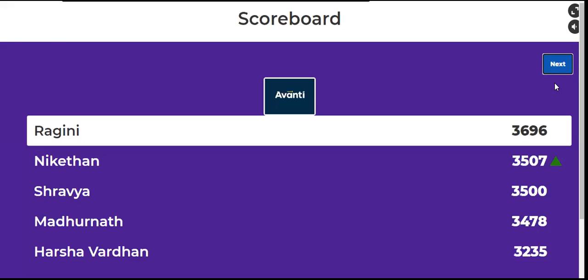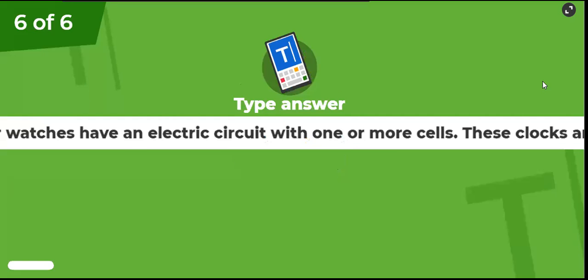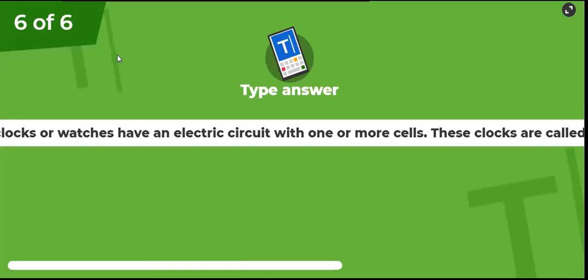Last question, guys. Clocks or watches have an electrical circuit with one or more cells.